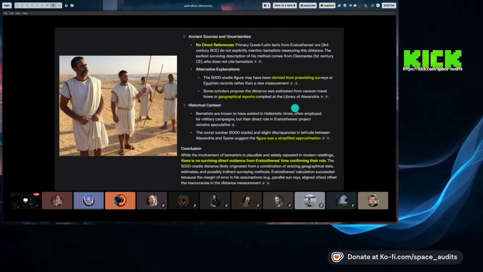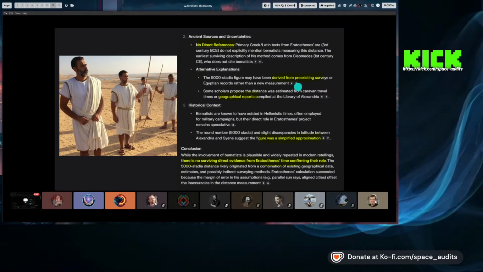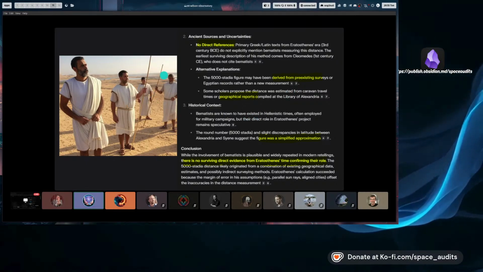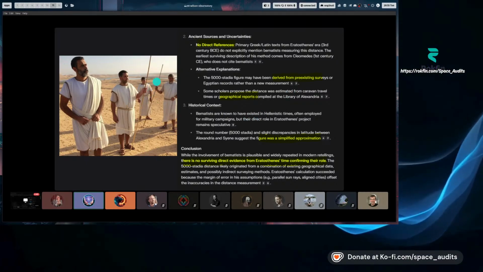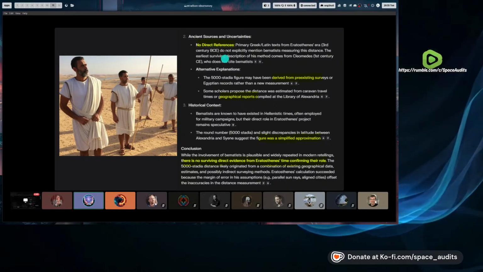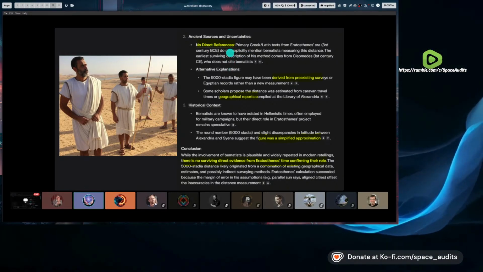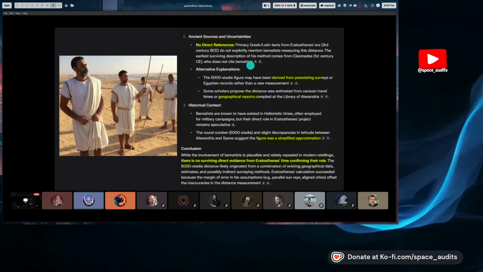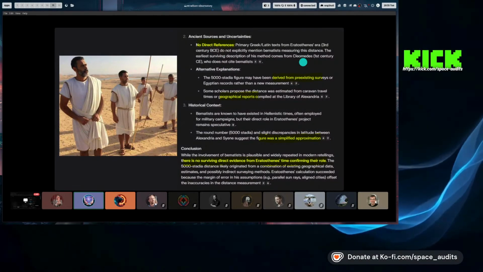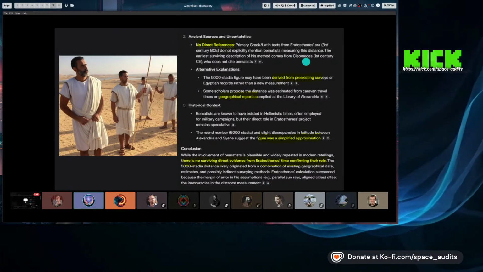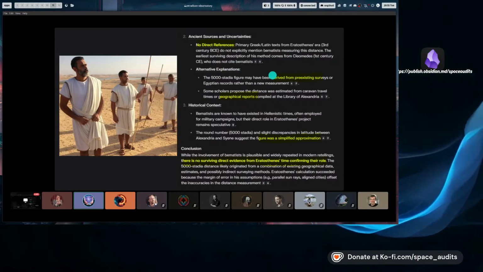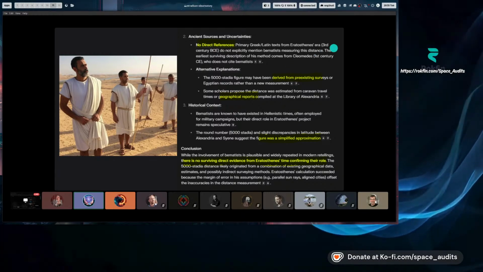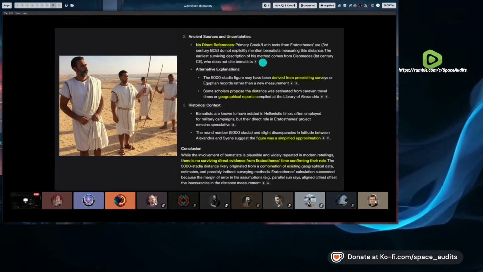And so what are they? Well, if we look into it, these are the dudes following Eratosthenes around with his sticks and shadows so they can make accurate measurements of paces. But if you look into it, it says no direct references. Primary Greek and Latin texts from the era do not mention Bematists measuring this distance. The earliest surviving description of this method comes from Cleomedes, that does not cite Bematists.